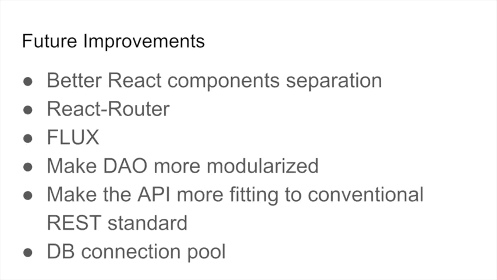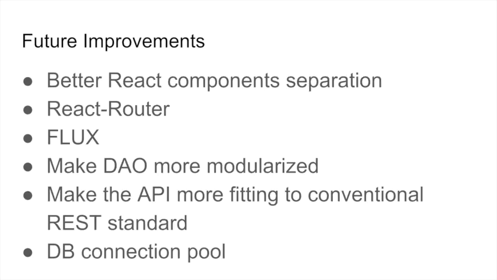And then moving to the controller layer, we would also like to make the DAO more modularized. Maybe you have seen from our code that our DAO implementation class is one big file, and sometimes working on a few smaller files can be easier.